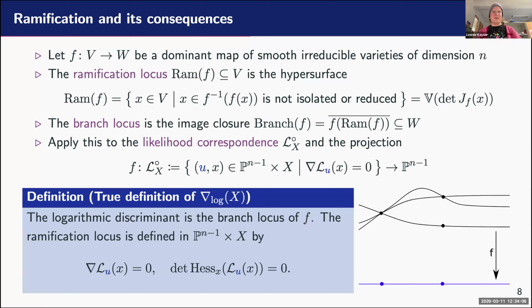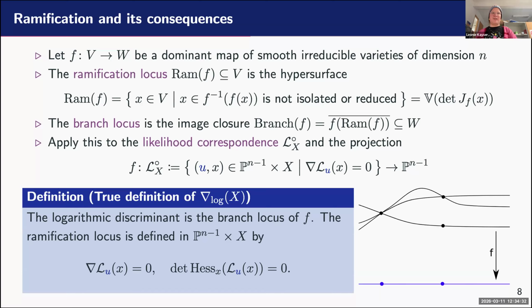And if we apply this to the likelihood correspondence, which is just pairs (u, x), where x is a critical point to parameter u, so to say, the gradient of L_u at x vanishes. This is an n-1 dimensional variety. And if we then project down to P^{n-1}, so to the parameter u, this is exactly the setting in which we could apply this definition.